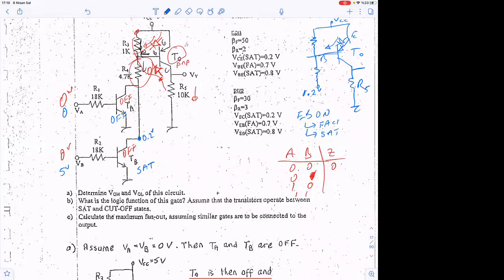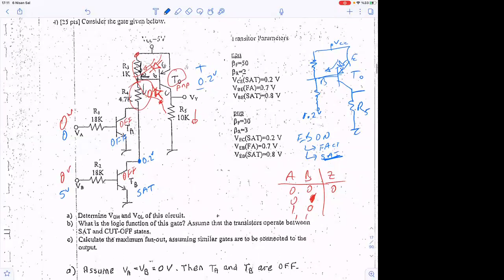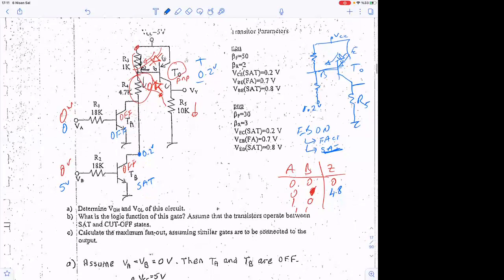So my assumption, if the resistance values are correct, is that this will be in SAT, so this will be 0.2 volt. Therefore, the output is going to be 5 minus 0.2 volt, so it's going to be 4.8. So it will be high.